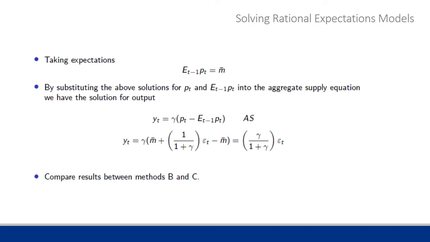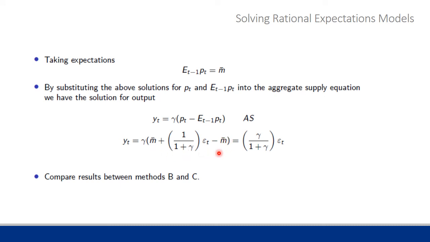If we take expectations of that solution for price, we know that EPT is equal to M bar. We can then use the solution for price and the solution for the expected price, substituting into the aggregate supply relation just as we did before in the previous method. YT is equal to gamma times PT, and this is the solution for price, minus EPT, which is now replaced with M bar.